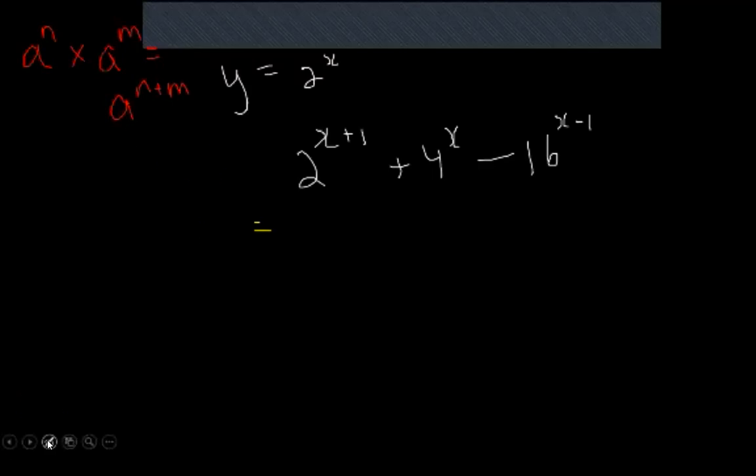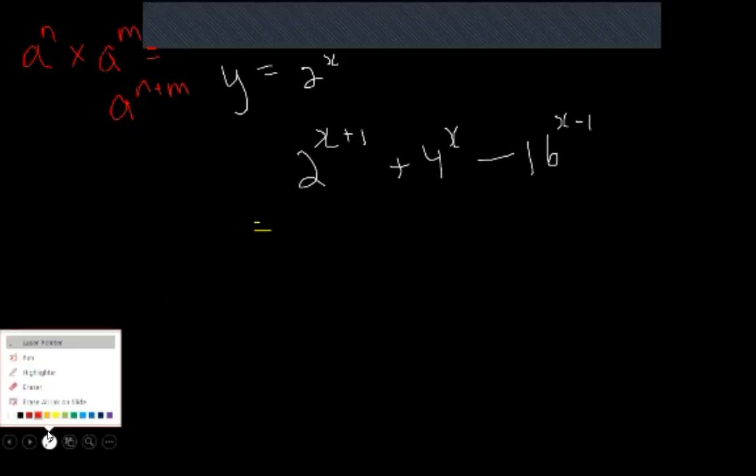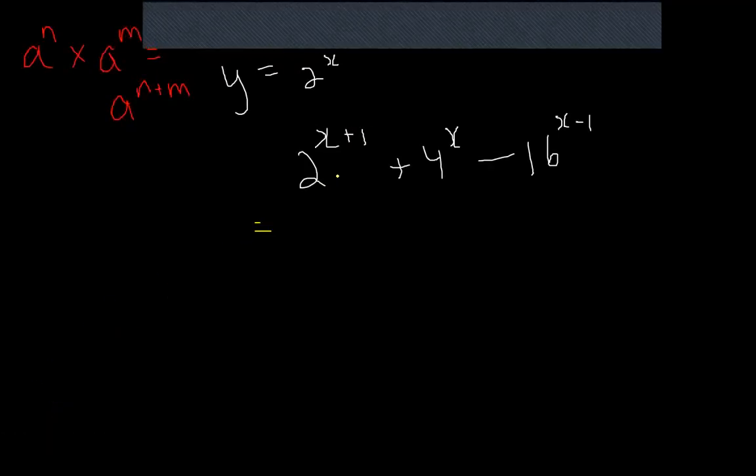This is the rule I would apply for this first term. So what I could say is that 2 to the power of x plus 1 is the same as 2 to the power of x multiplied by 2 to the power of 1.